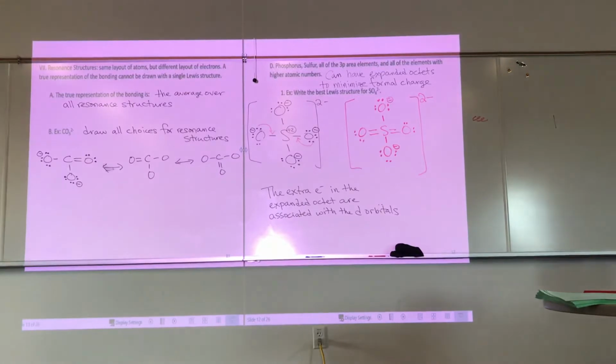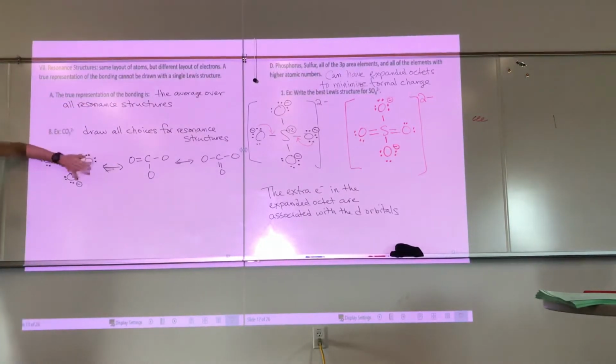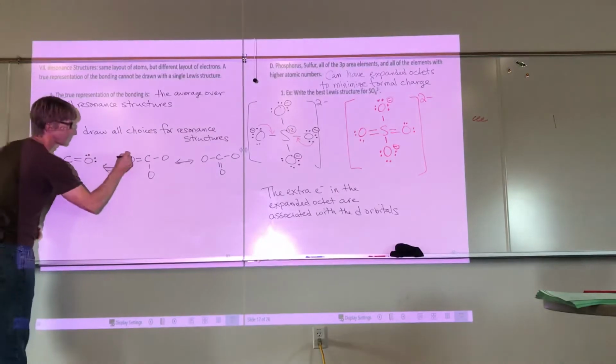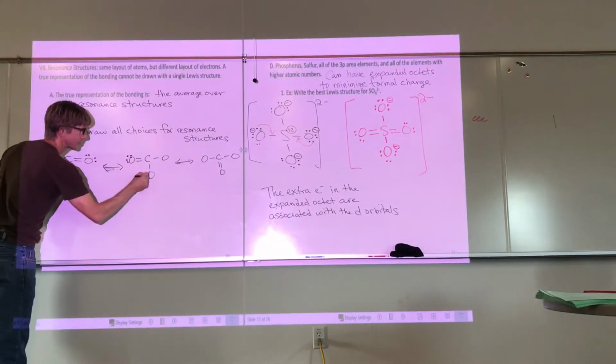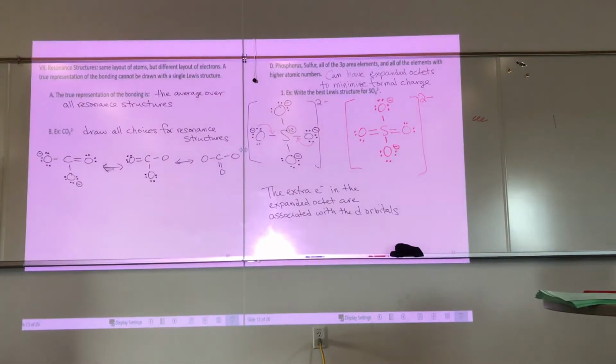And a couple notes about Lewis structures. The oxygens must always stay in the same places. The oxygens are not moving. It is the bonding that's moving. And that's what I mean. Same layout of atoms, the oxygens and the carbon all in the same places, like this oxygen's always going down, one to the left, one to the right. But different layout of electrons. So my double bond is really what's moving. And when I move my double bond, of course my octets still move with them.